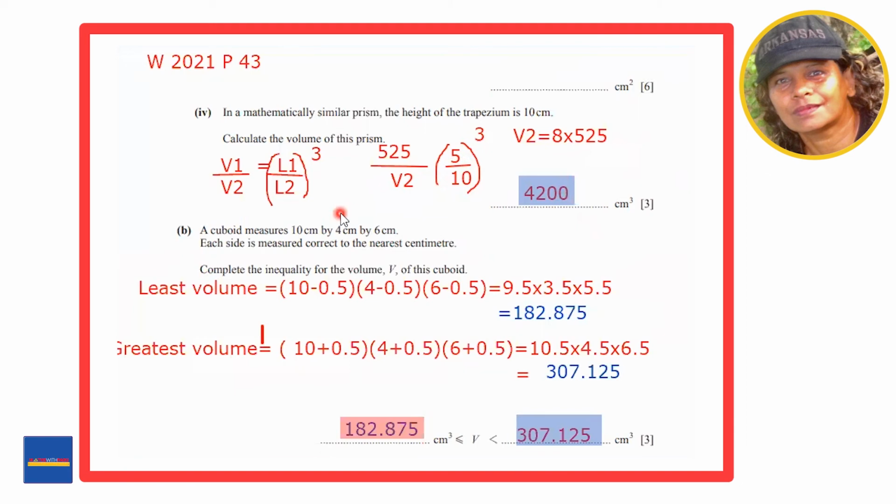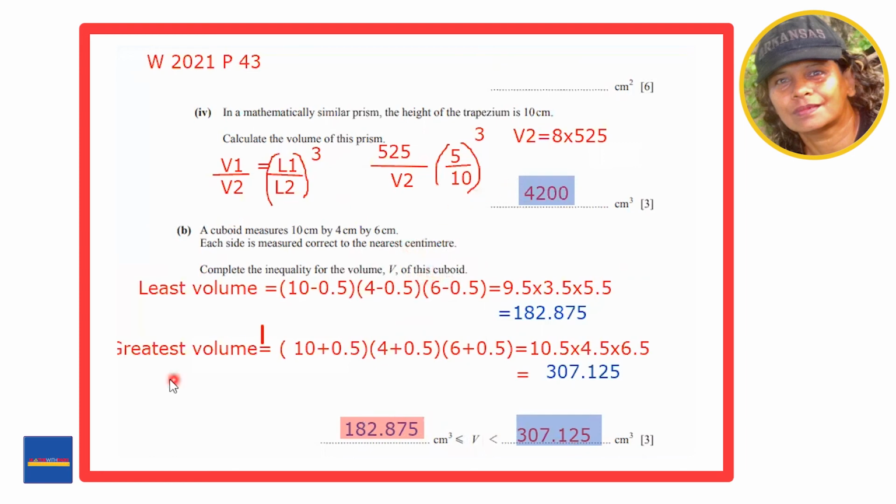Now, the next thing they have is they say a cuboid measures 10 by 4 by 6. Each side is measured to the nearest centimeter. Complete the inequality for the volume. That means here they've given the volume and you are required to find the least volume and the greatest volume. Now, since everything is to the nearest centimeter, we can add or subtract a centimeter divided by 2, which is half a centimeter.